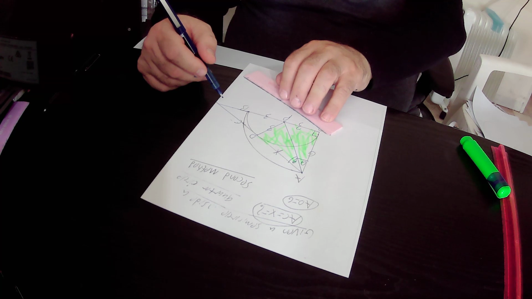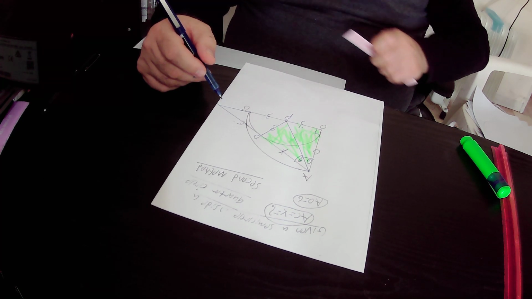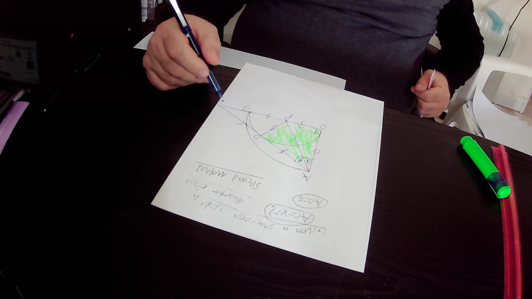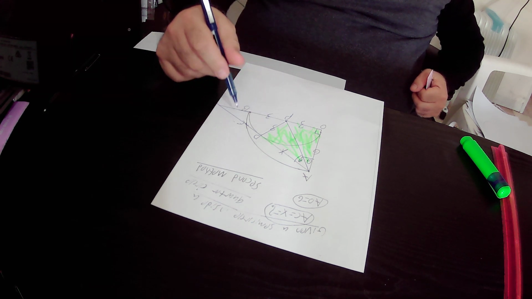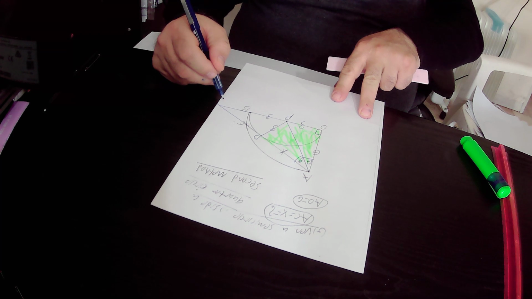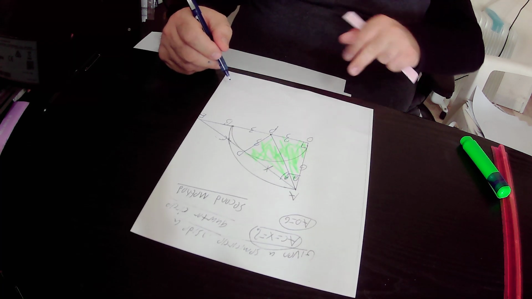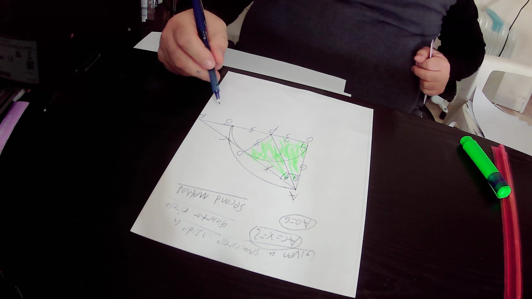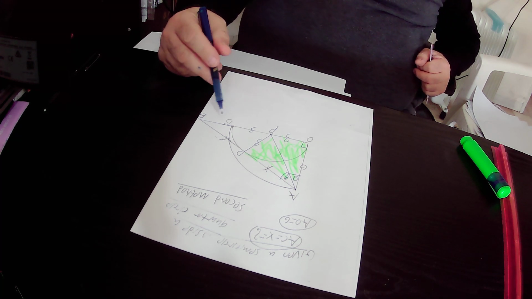And we'll define the point of intersection between the extended line segment AC and the extended line segment OB as E. So here we actually created the right triangle AOE.